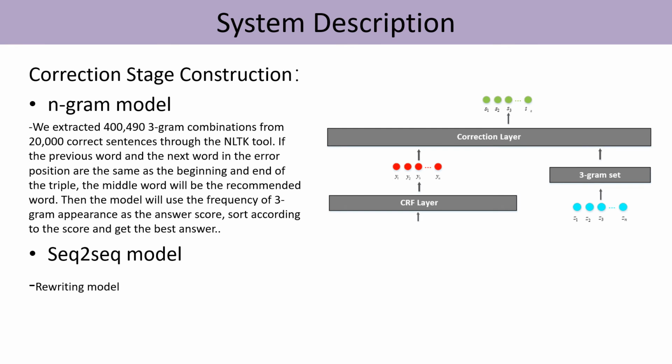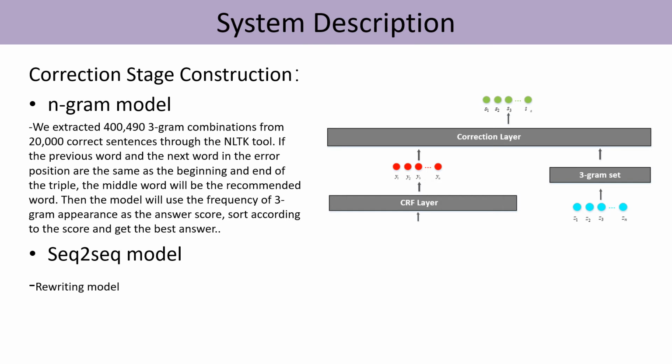In the correction stage construction, there are 2 models in this stage. The first one is the n-gram model. We extracted 400,490 3-gram combinations from 20,000 correct sentences through the NLTK tool.